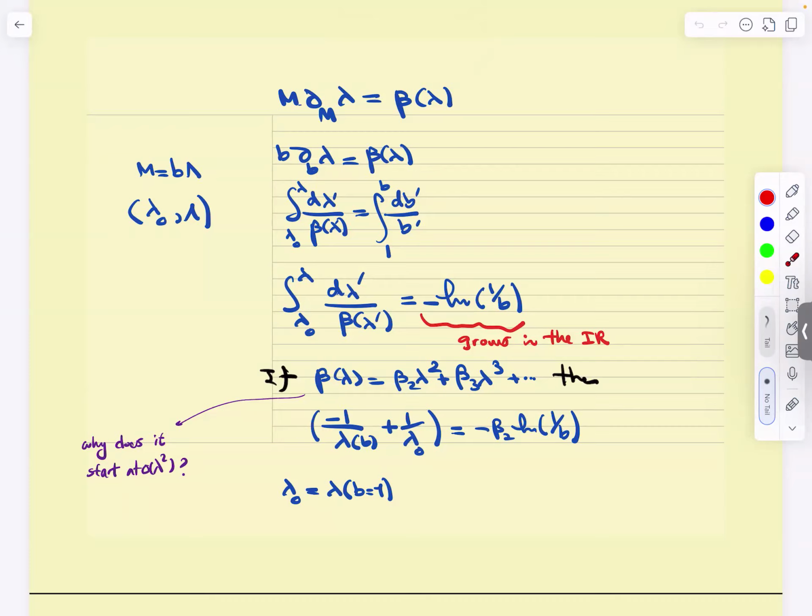So whatever the beta functions are, at λ equals 0 they should be 0. The fact that it's a fixed point tells you that it has to be stationary. It cannot have an order λ term, because if it did, it would just run. It would not be a fixed point.